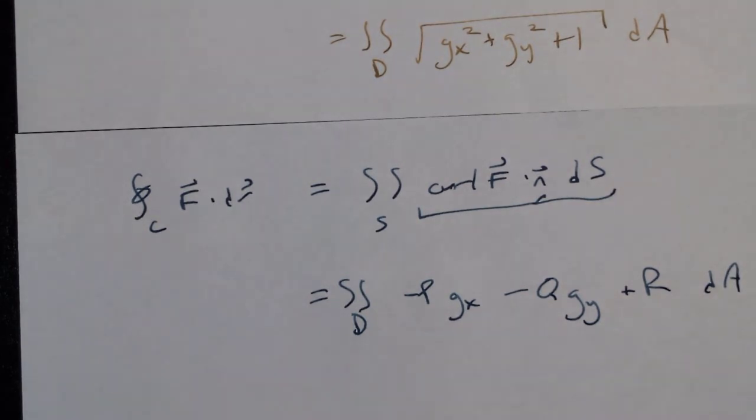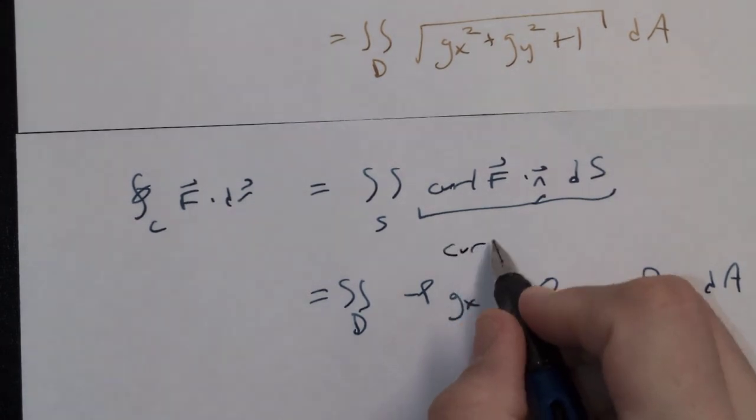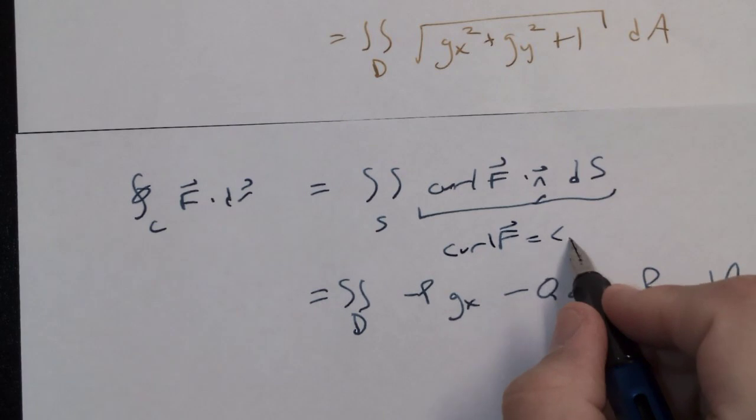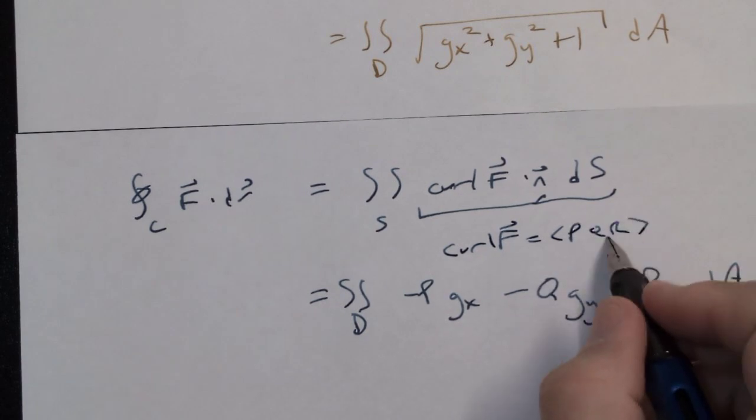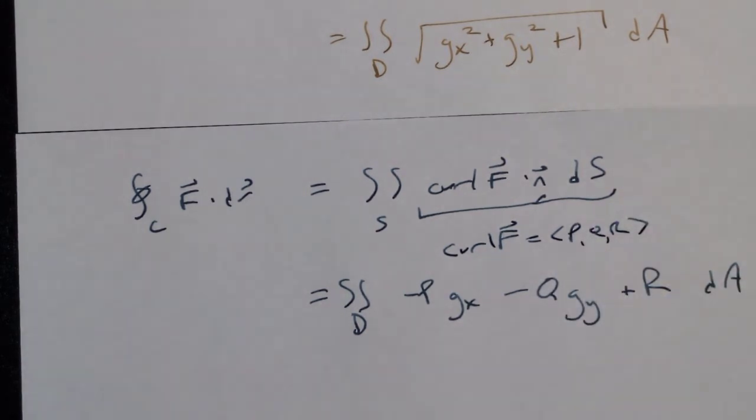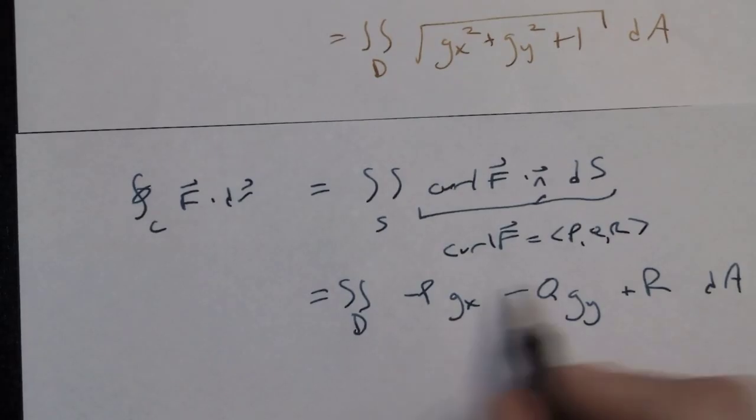Once I know what the curl of the vector field is, that'll be the P, Q, and R. Notice that's not the P, Q, and R from F. That's the P, Q, and R from the curl. So I'd have to work that out first. Once I do that, this integral is all in x and y. That's where I make the switch.